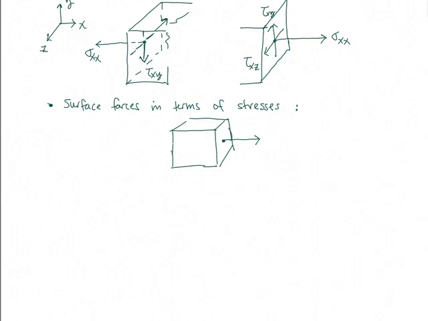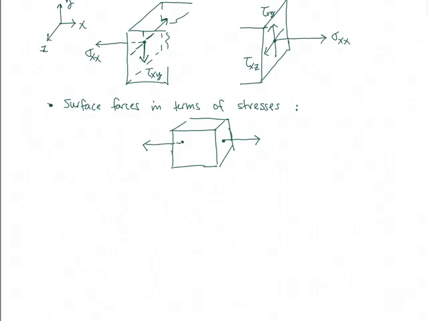So we'll have a normal sigma xx applying here, and a normal sigma xx applying in the back of this sketch of a cube. And we look at the variation of the sigma xx.